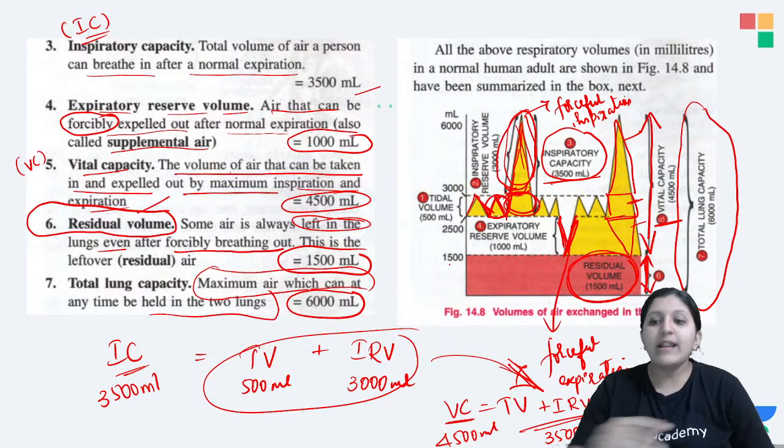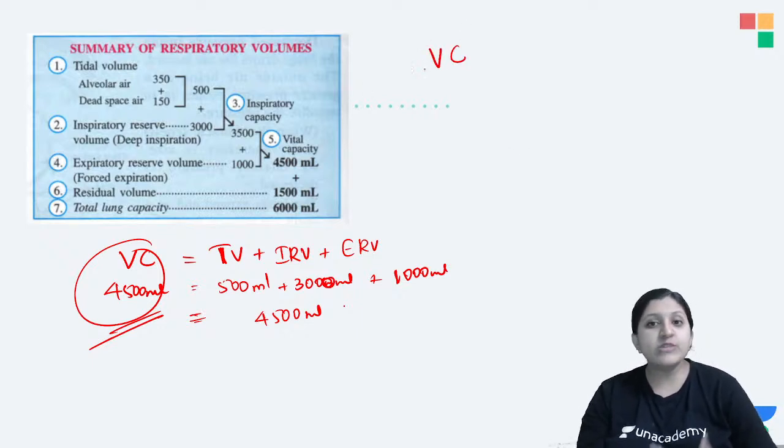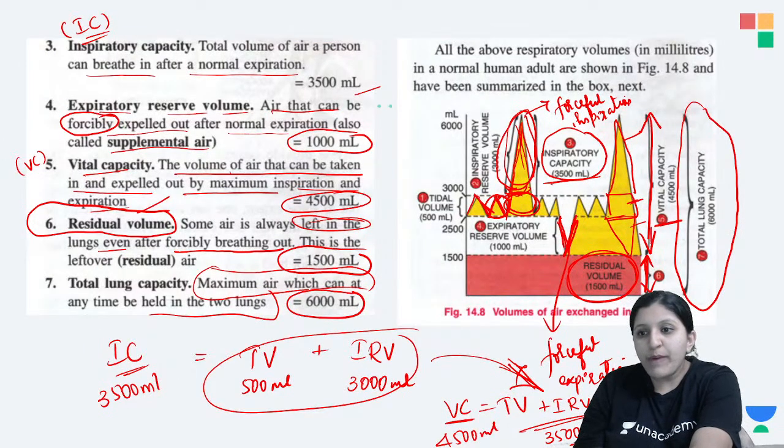How exactly is that possible? Let's see here. VC, the vital capacity, is 4500 ml. This whole part is VC.